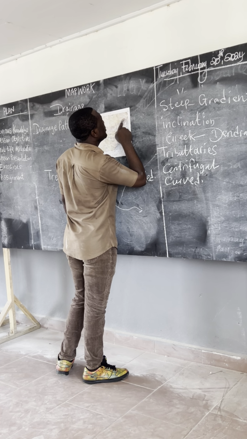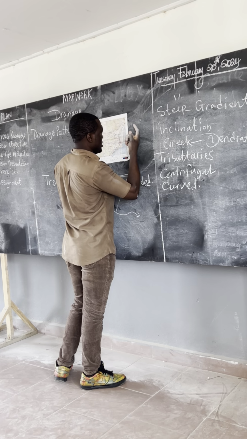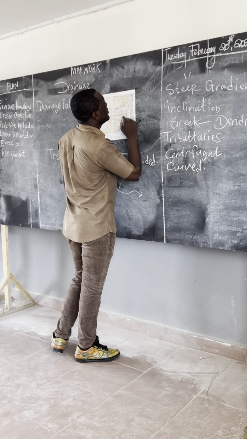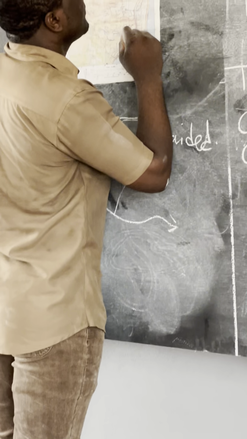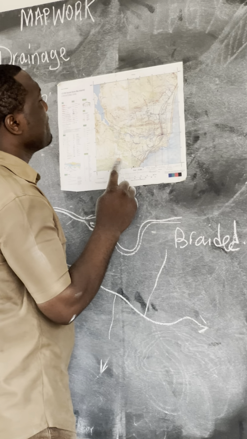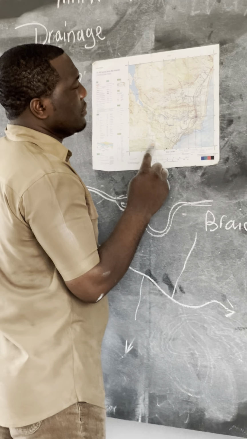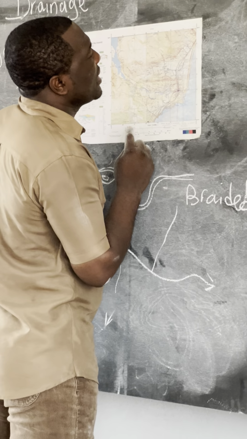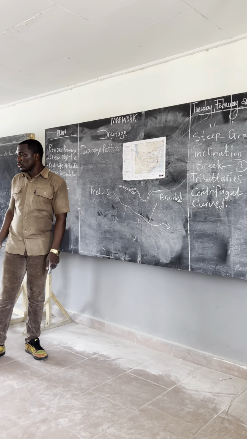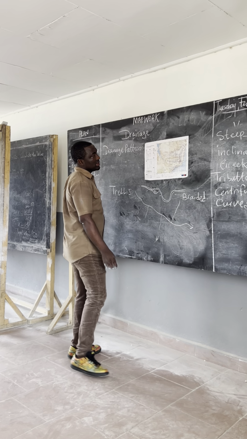Look at this drainage pattern in 9107. What type of drainage pattern do we have there, on the map of Brora? What is the nature of that pattern?